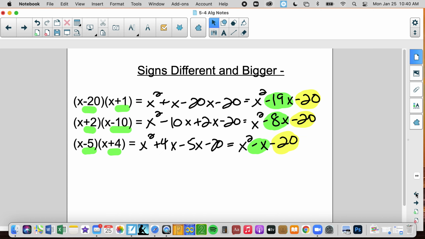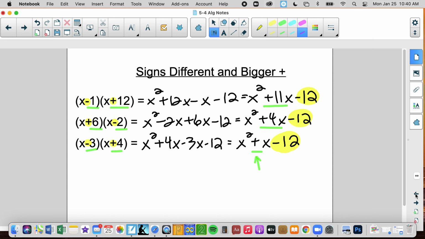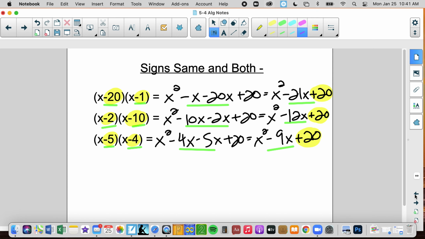Now, we notice that with each of these examples, our firsts are always a variable with no coefficient, or a coefficient of 1. So each of these always is x. If we have a coefficient in front of that x, it's not going to work. We don't use this shortcut.